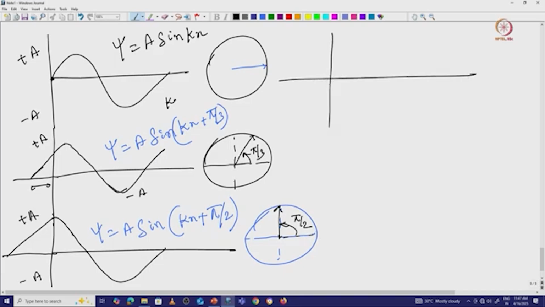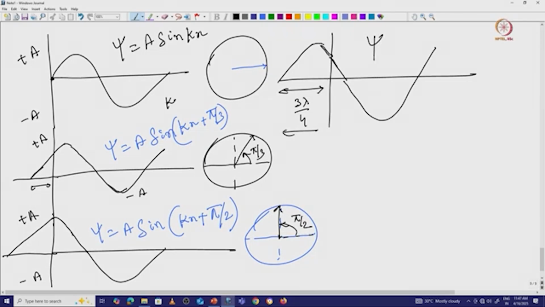In the next wave, you can see that here it reached the maxima and then is going down. Here you can see it moved almost 3 lambda by 4 in this direction. Okay. Now we want to plot the same one again.